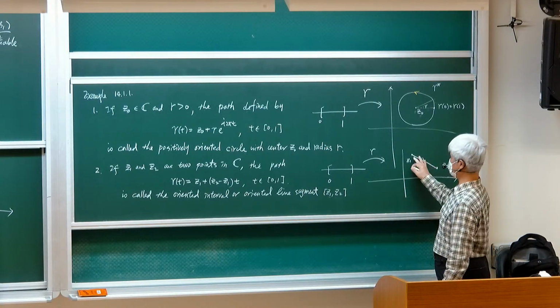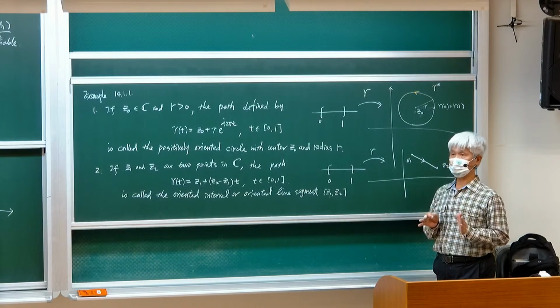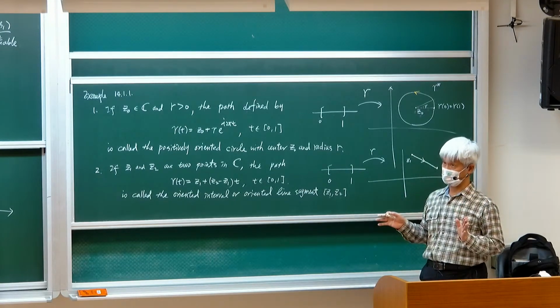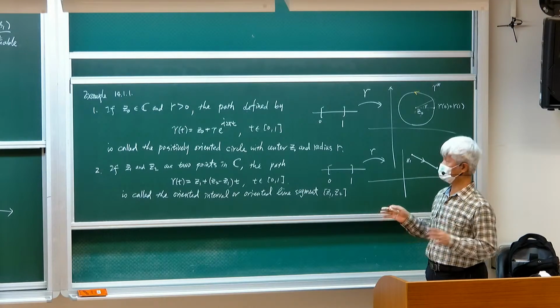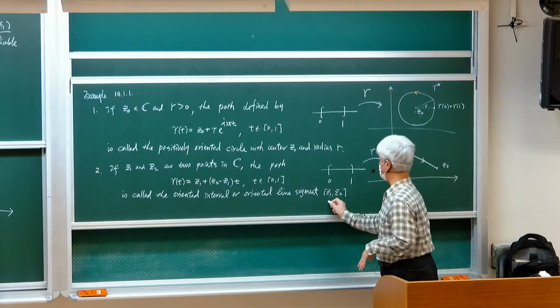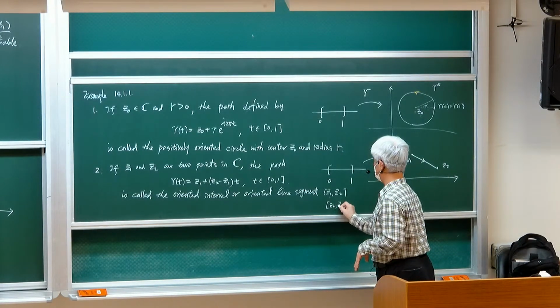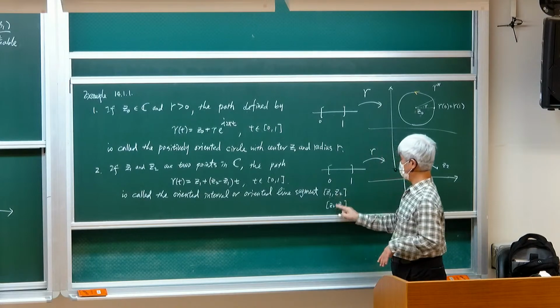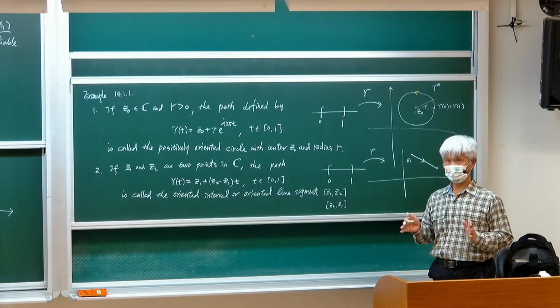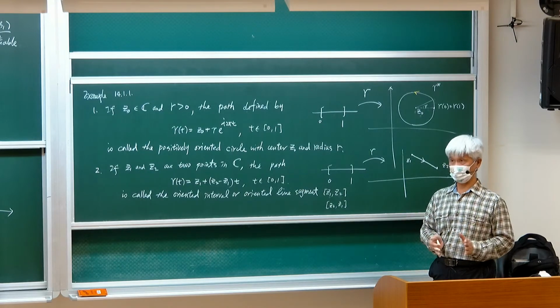Its image is a line segment, of course. But if you consider only the image, you don't know the orientation at all. The orientation can be this way, or, for example, you can have Z2 to Z1. So these two oriented line segments have the same image, but they have different orientations.